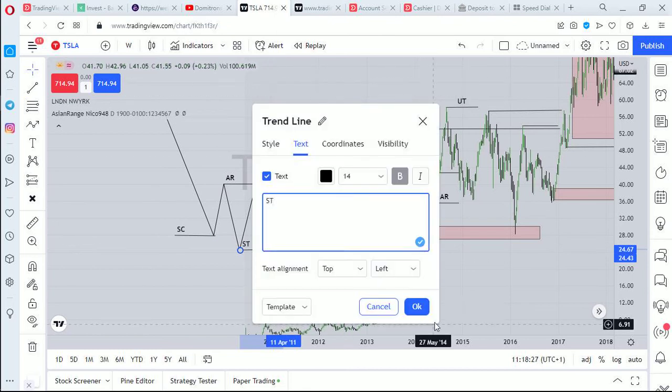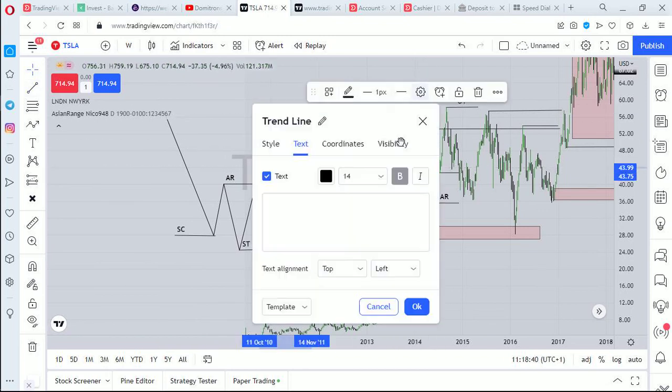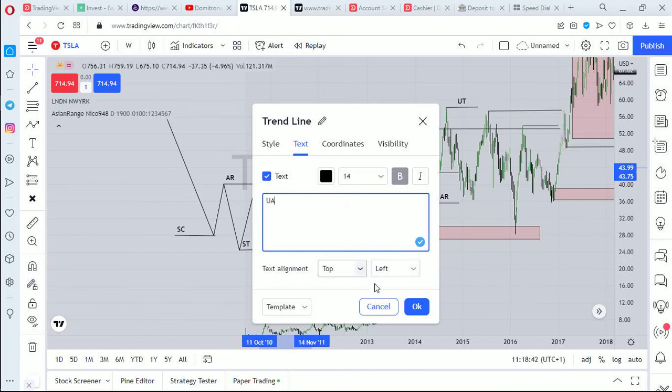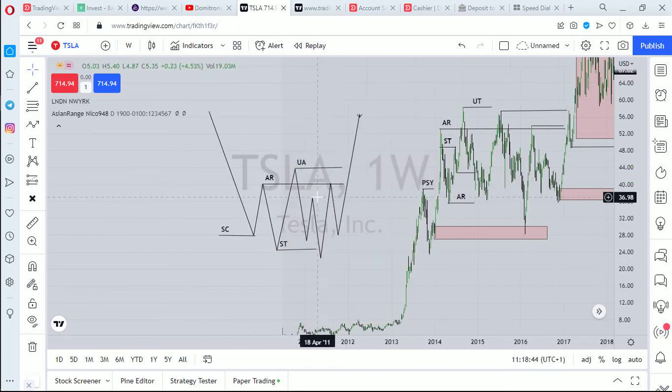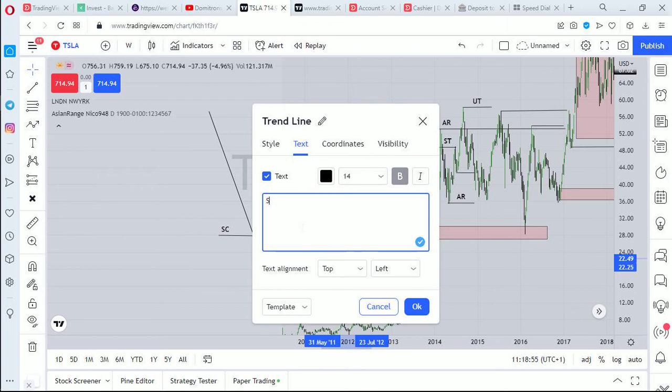After a secondary test, you have this high taking out the automatic rally, known as UA, right? You see it trade back down, and we have ST in phase B, right?